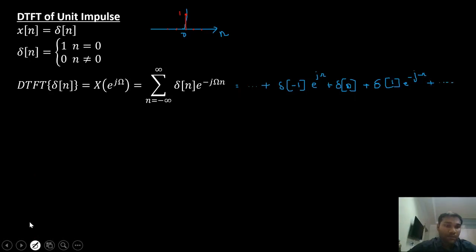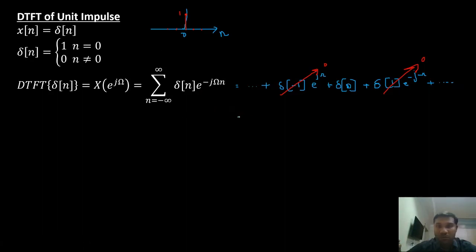From the definition, only del of 0 is 1. All other terms, del of minus 1, del of 1 and so on till infinity, are going to be 0. So these terms go to 0. I'm only left with del of 0, which is nothing but 1.